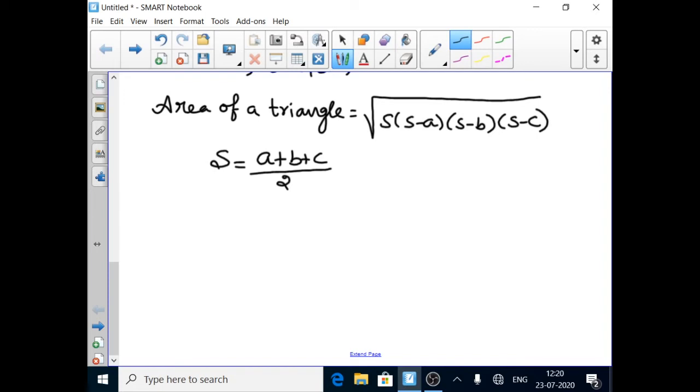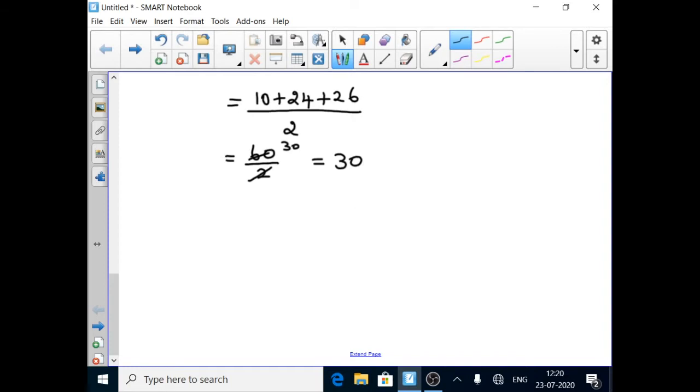So here what is the value of a, b, c? a is equal to 10 plus b is equal to 24 plus c is equal to 26, divided by 2. If you add, you will get 60. So 60 divided by 2, you will get 30. The s value is 30. For finding the area of triangle, we need s minus a, s minus b, then s minus c.